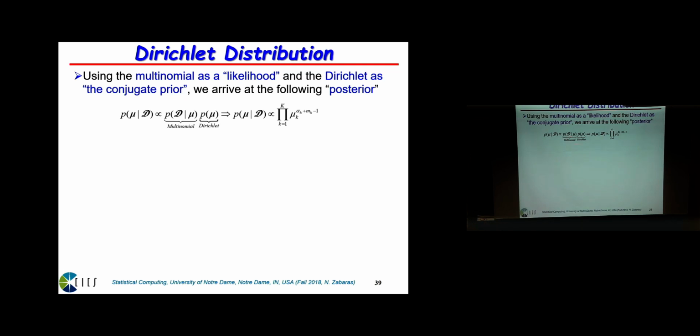If you multiply the multinomial distribution, which was the product of mu k's to the power mk, and you take this to be Dirichlet, then the Dirichlet distribution is the product of mu k's to alpha k minus 1. So by a miracle, the posterior of mu comes to be what type of distribution?